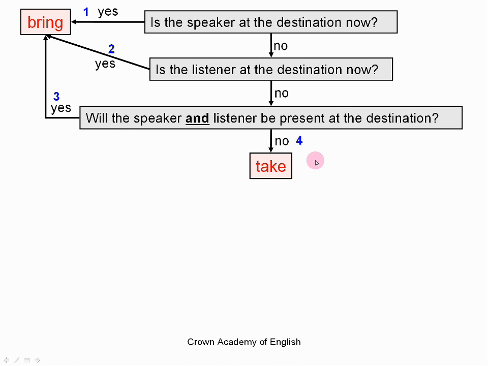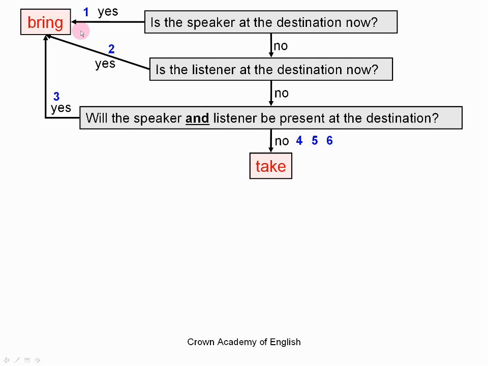The best way for me to explain this is to show you each type of example, each situation. So I will show you 3 situations for bring, and in fact I will also show you 3 situations for take. So I will show you 3 examples for this situation here.